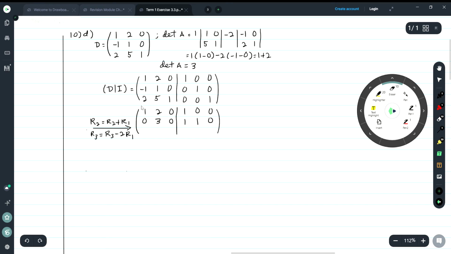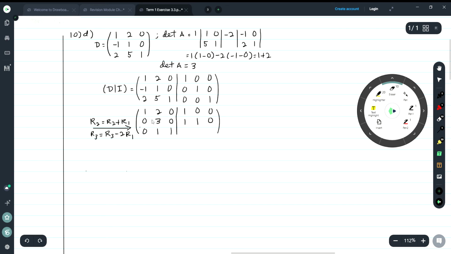Okay, next we want to modify this element of 2 into 0. So the new R3 will be R3 minus 2R1. So 2 minus 2 times 1 is 2 minus 2, which is 0. So how do we get this 1? 1 is from R3 minus 2R1. R3 is 5, then minus 2 times R1.